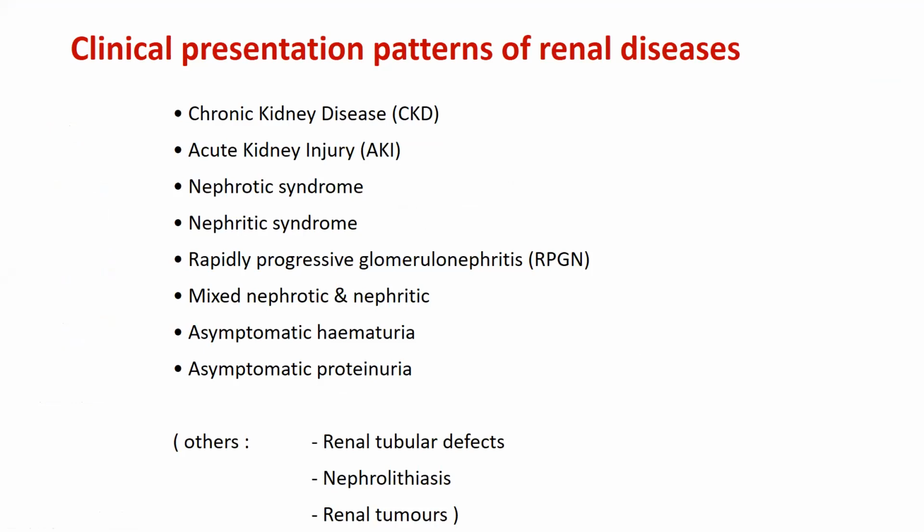And if you remember, we discussed different compartments: the glomeruli, tubules, interstitium, and the blood vessels, the four different compartments, and how they clinically would be damaged and how those clinical presentations would present to us in different scenarios. And then we finally concluded saying that there are different clinical presentations of patients if they have any abnormalities of the kidneys.